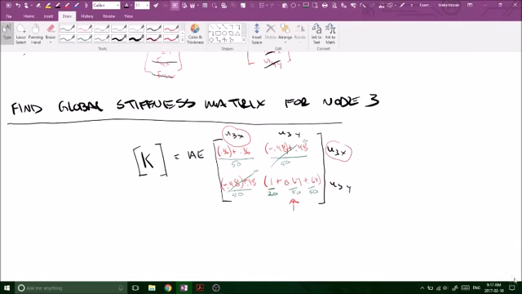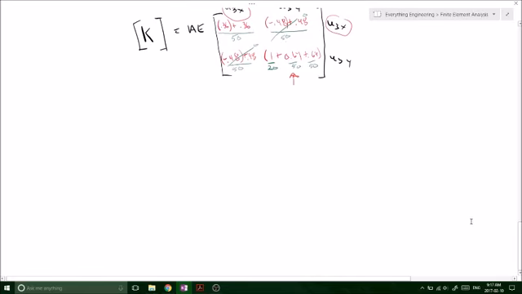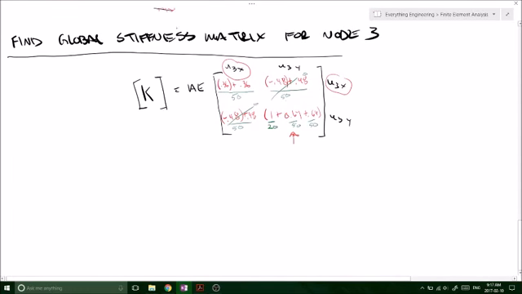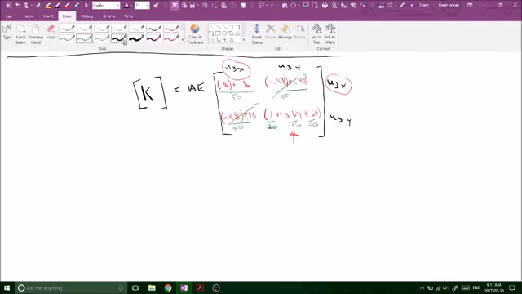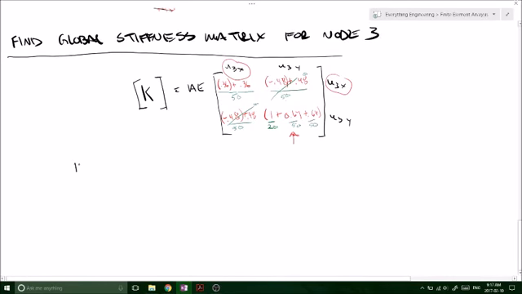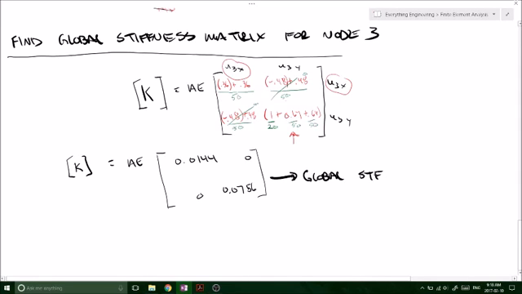Evaluating these gives us our global stiffness matrix K at our third node. If you do this addition, this is what we get. This is the global stiffness at node 3. Basically, I didn't cancel out the entire matrix.